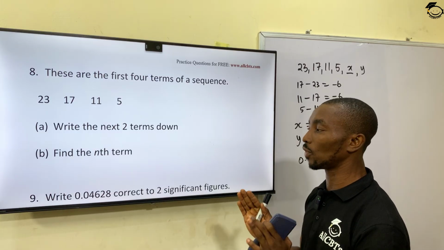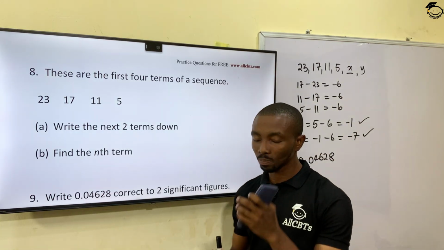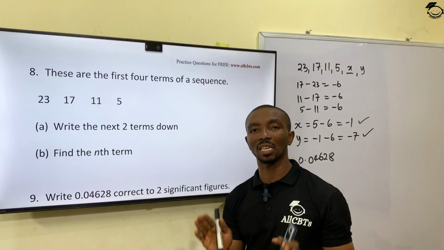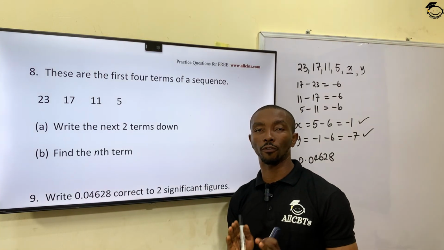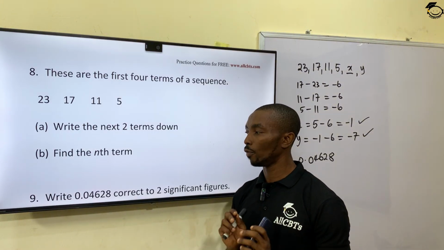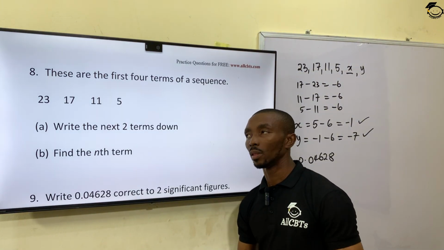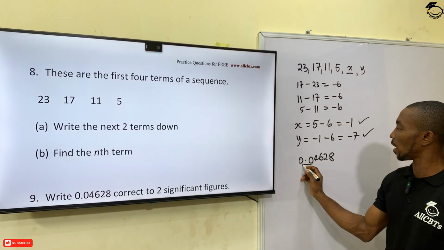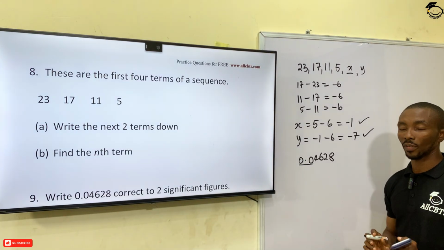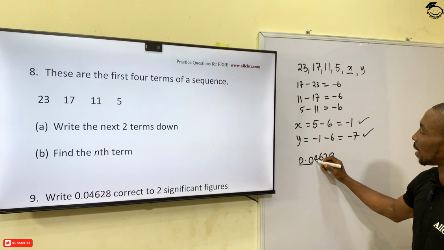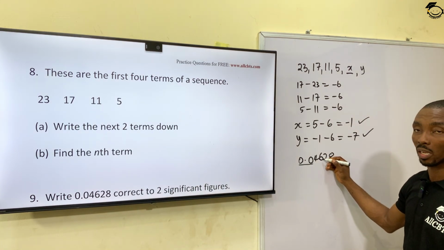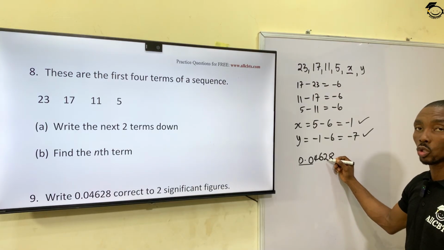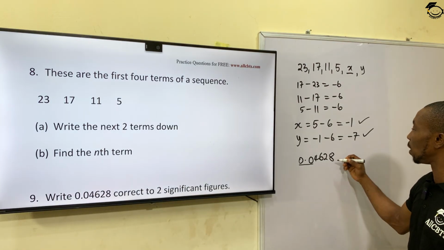Remember that when working in significant figures, your zeros before your decimal points are not significant. That is to say, these zeros here are not significant. Our first significant number is 4. Then the second significant number will be 6. Third significant number will be 2. And the fourth significant number will be 8.